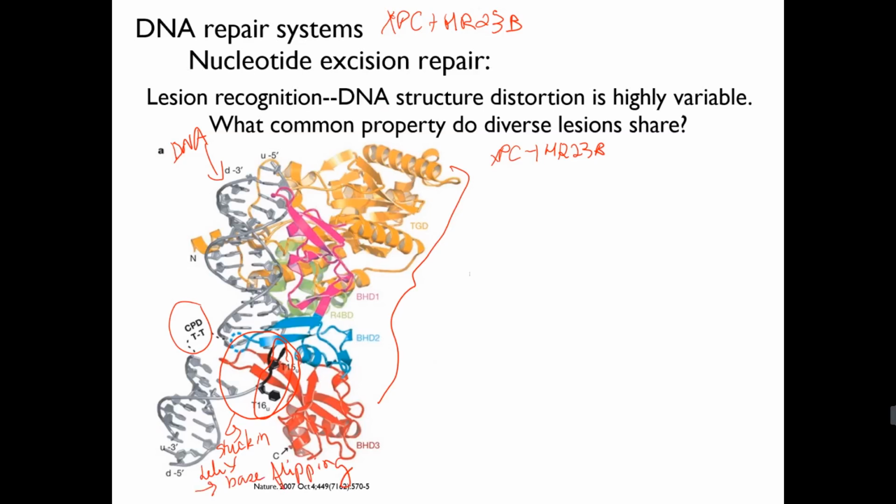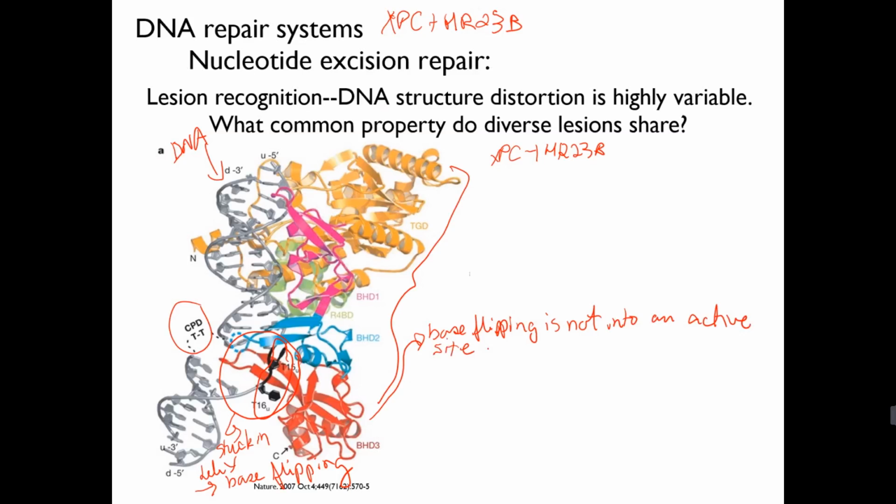And what's curious about this is that in contrast to the other example we saw, it's not flipping the damaged base into an active site, because this is just a recognition enzyme. Okay, so the base flipping is not into an active site, and again, it's not physically catalyzing repair.